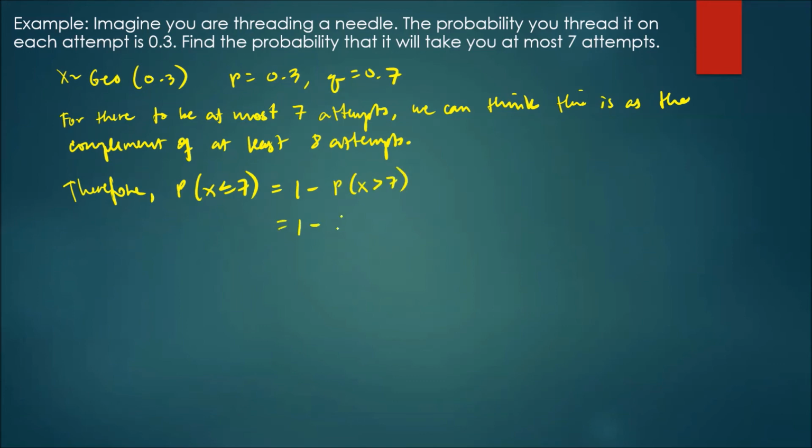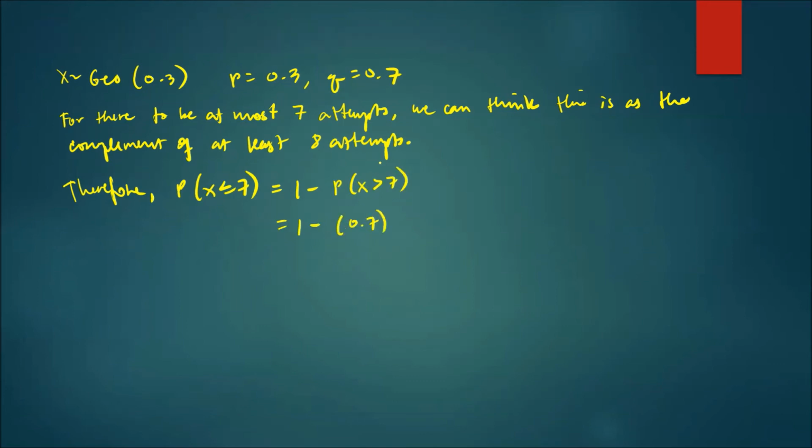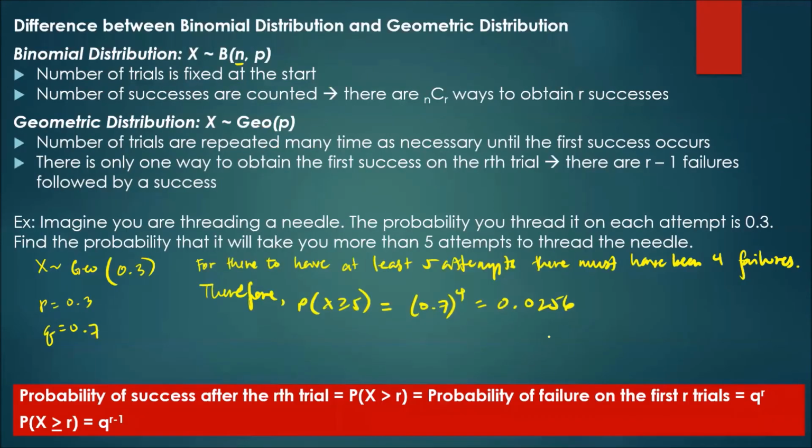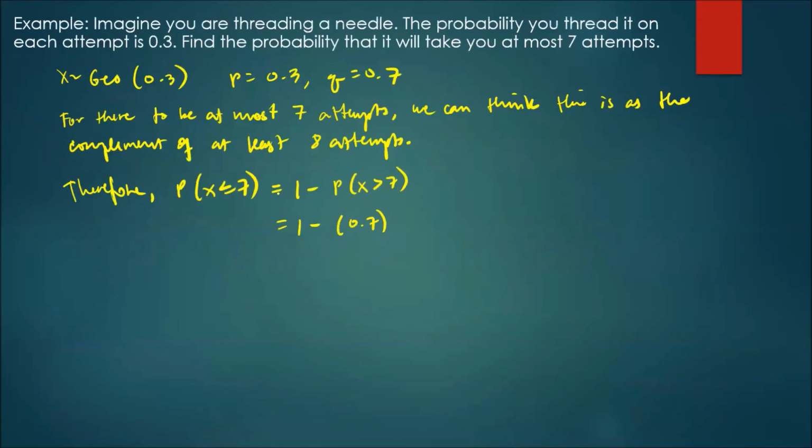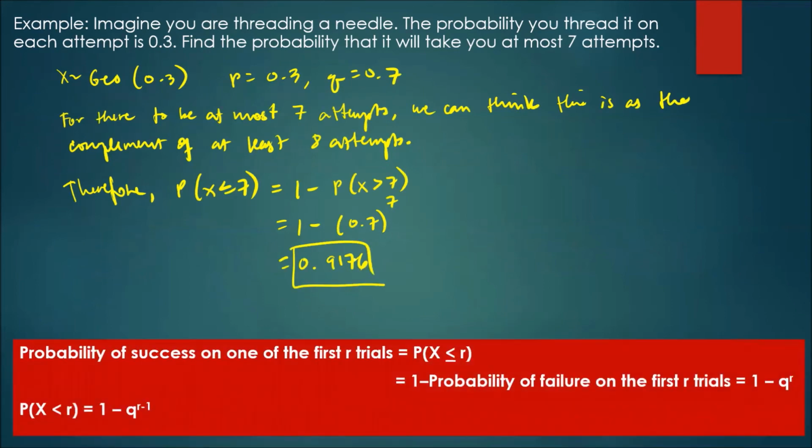Or that is 1 minus 0.7, because we have defined here that X greater than r is equal to q raised to r. So that is q raised to r, and our r is 7. Therefore, it is equal to 0.9176.